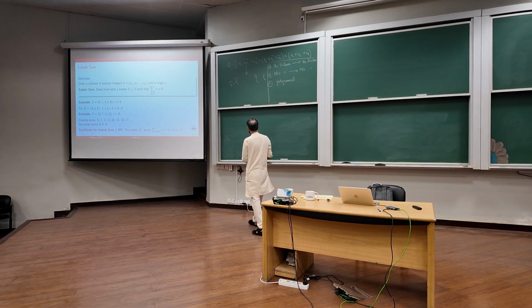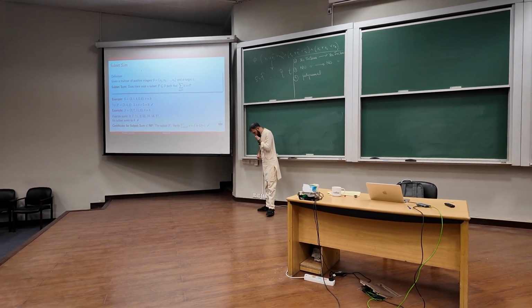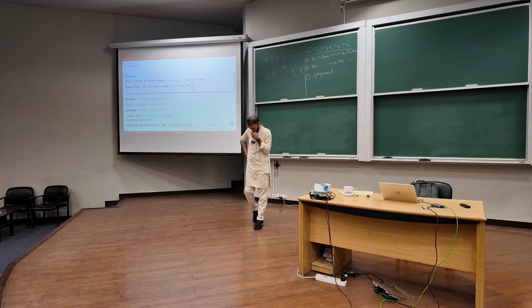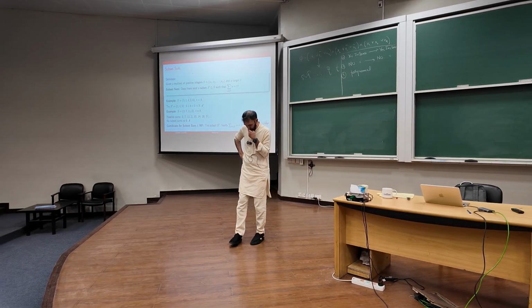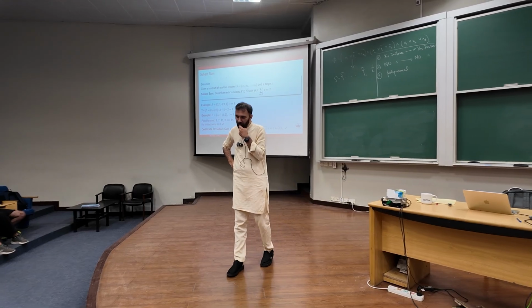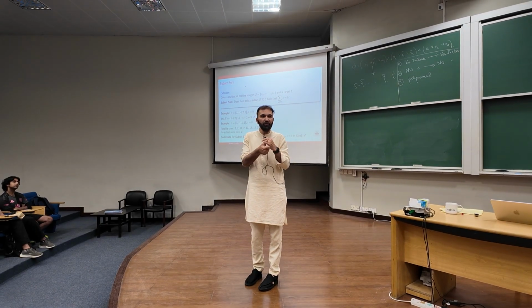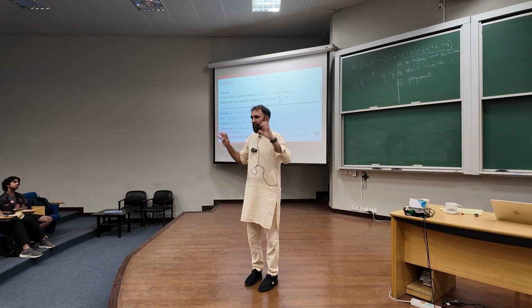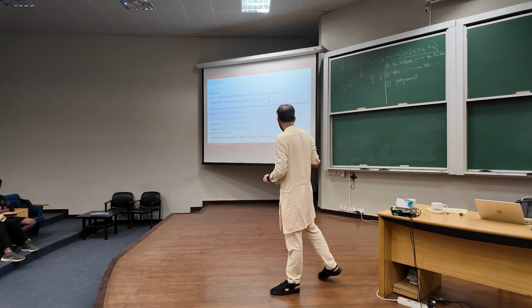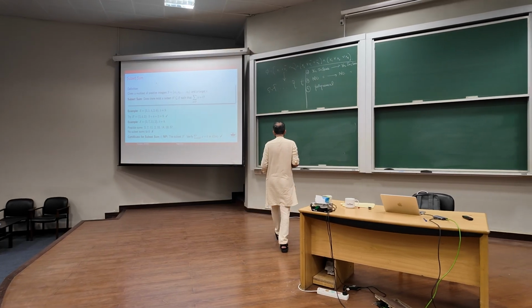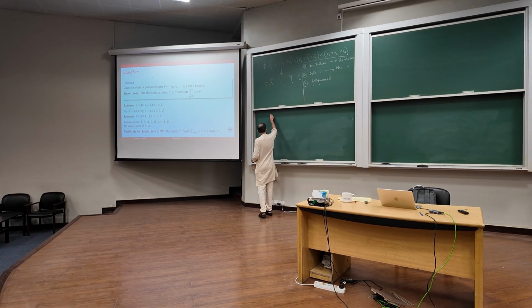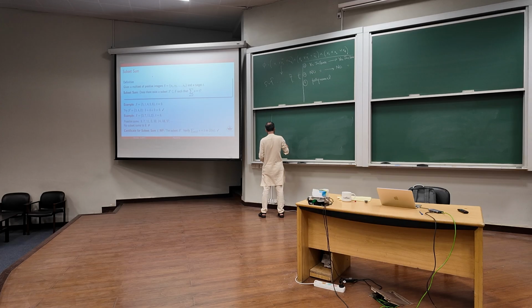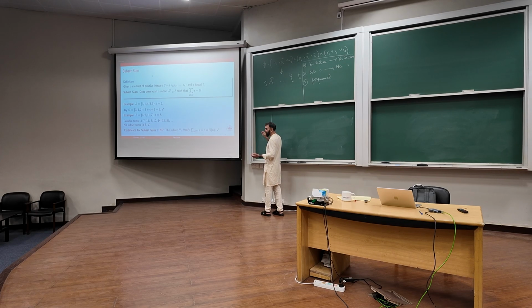Okay, so in a Boolean formula, what you have is variables and clauses. Somehow you need to use the variables and clauses to construct each of these numbers. So these numbers will have n plus m digits, where n is the number of variables and m is the number of clauses.